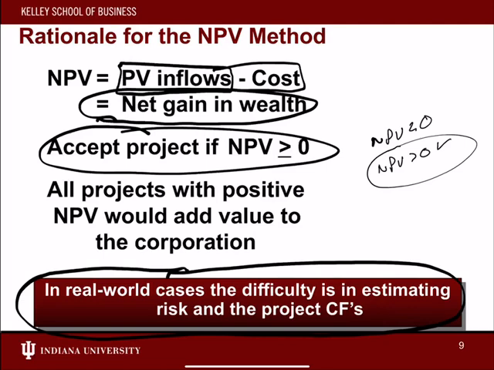So estimating the risk means, let's say our outflow is $100 today, and then we're estimating that in year one we get 50 back, year two 50, year three 50. The risk is saying, well, is this really going to be $50 a year, or is it a huge risk? Like maybe it's 0 to 100 each year.